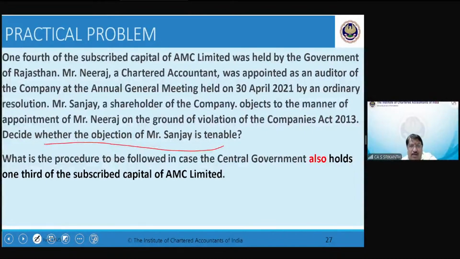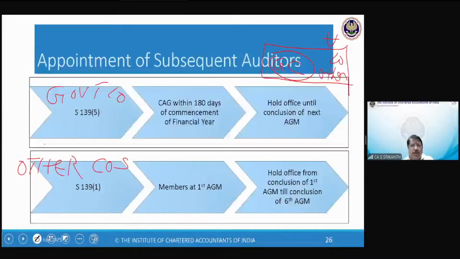Here, as of now, only one-fourth of the subscribed capital is held by the Government of Rajasthan. No problem. Non-government. Appointment by the shareholders at the AGM by an ordinary resolution is valid. So the procedure to be followed is this.